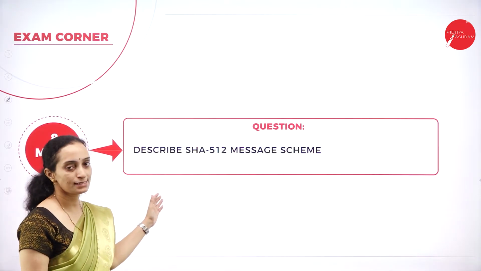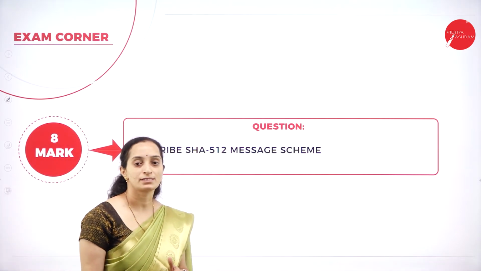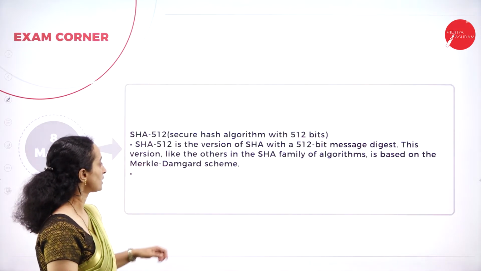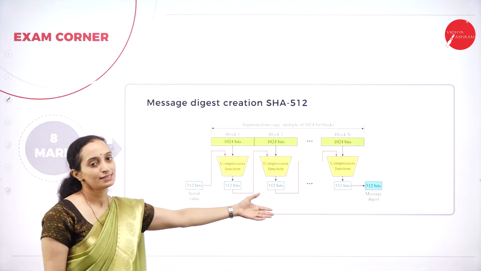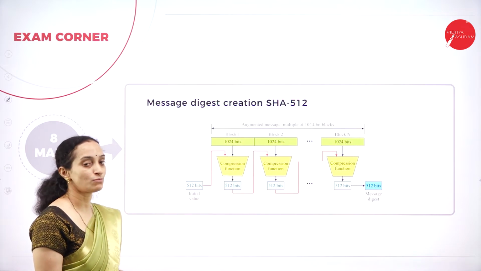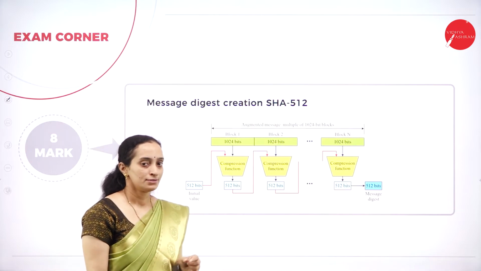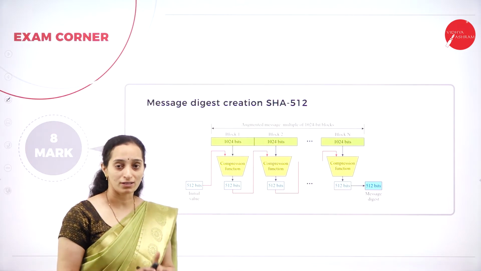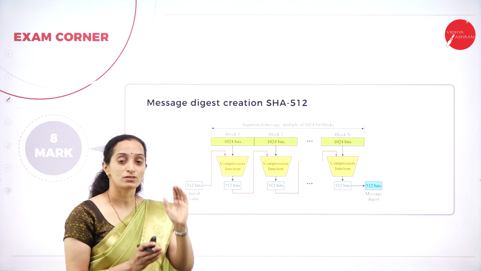Okay. Next is the SHA 512-bit message scheme. So you can add what this algorithm is, what the explanations are, and write the diagram. In network security, most of the concepts include one diagram or another. So you just write a sketch. You may not be able to remember all the diagrams at a stretch, but try to remember them based on the concept.